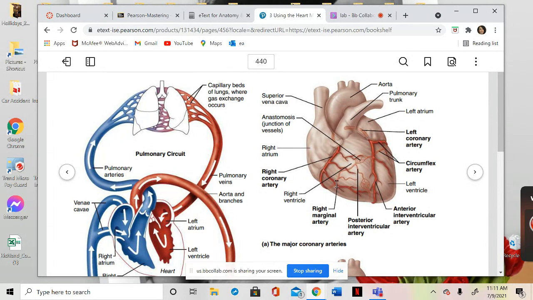The right marginal artery, as it's marginal, branches from the right coronary artery. Just follow it. And it's localized in the lateral portion of the right ventricle.